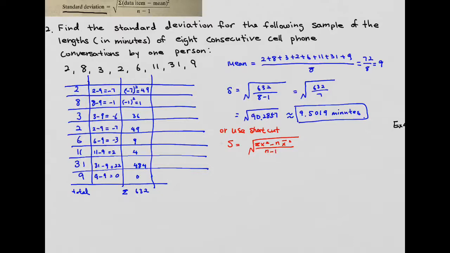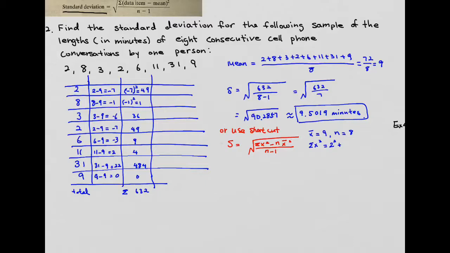So here in this problem, we know what the mean is equal to, that's going to be 9, and we know what n is equal to, that's going to be 8. So the only thing that we actually need to figure out before we plug into this shortcut formula is the summation of data squared. That means each data value you're going to square and then add them.